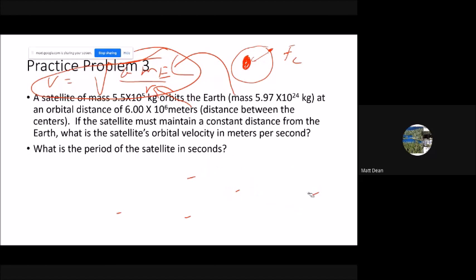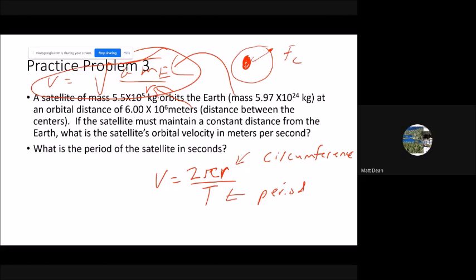Something that I hope you remember and make sure that you know before the test, we're going to see this on an FRQ a little bit later, is for circular motion, the velocity of something going in a circle can be calculated this way: v equals 2 pi r over T. 2 pi r is essentially the circumference of the circle, so how far is it around the circle? And then the T here is the period. That's the time it takes to make one loop, one time around the circle.